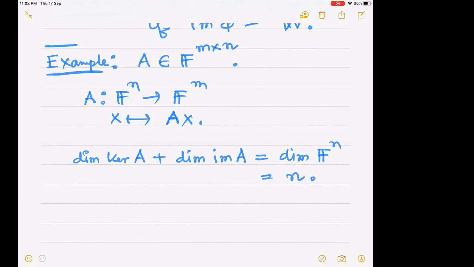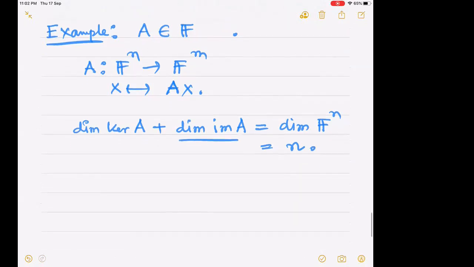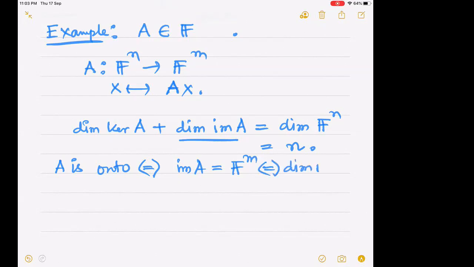Okay, if image of A is full, so A is onto, if and only if image of A is equal to F^m, which is if and only if dimension of image of A is equal to m, the whole space.